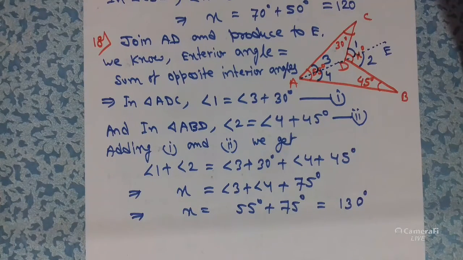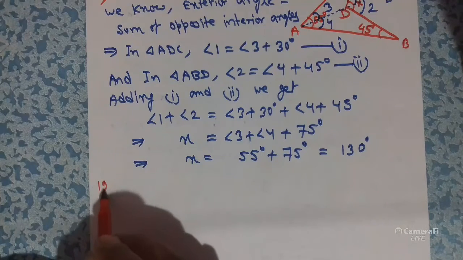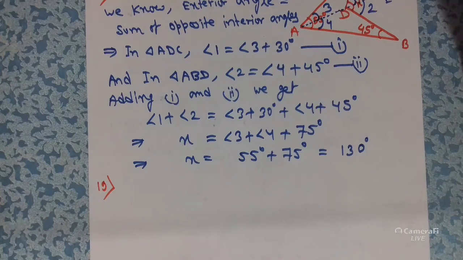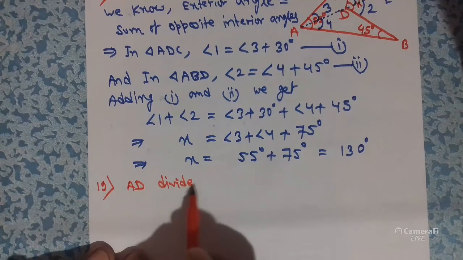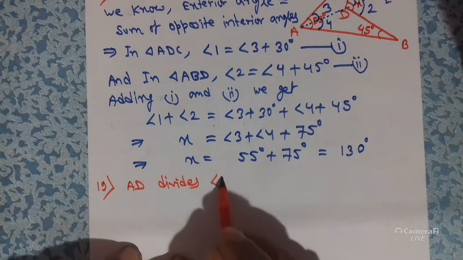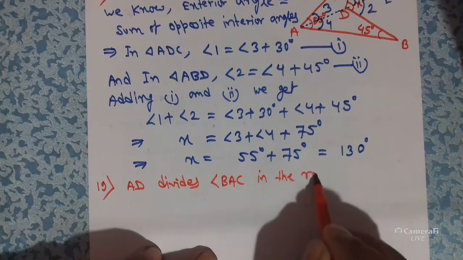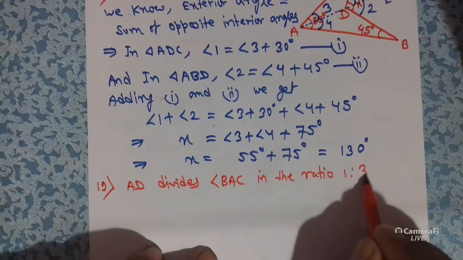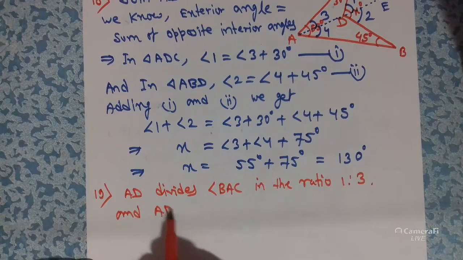Next, problem number 19. Here it is given that AD divides angle BAC in the ratio 1:3, and AD is equal to DB, and we have to find the value of x.